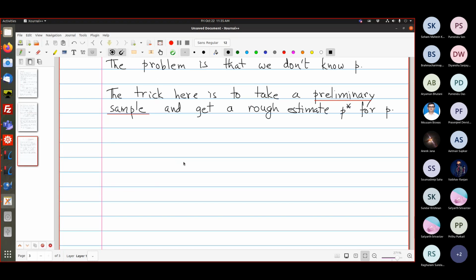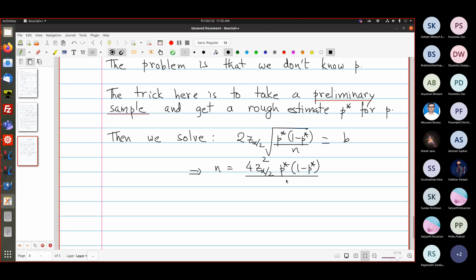So then we solve the equation twice z alpha by 2 square root of p star 1 minus p star by n equal to b, and so we get n equals 4 z alpha by 2 squared p star 1 minus p star divided by b squared.